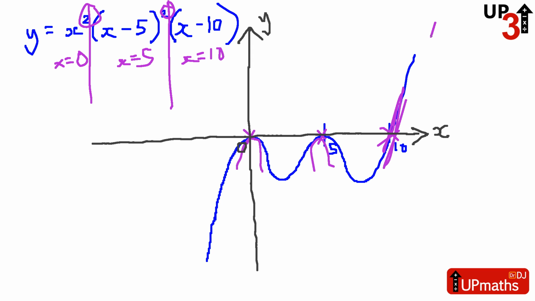And again, I would just use the example, what if x is very big, then it's x squared times x minus 5. If x is like a million, then it's like a million minus 5, so it's basically a million. And x minus 10 should have been x minus 10 squared, by the way. If x is a million, it's basically a million. So that's x to the 5, and we know that x to the 5 is just going to get very large and positive, so it goes up there.